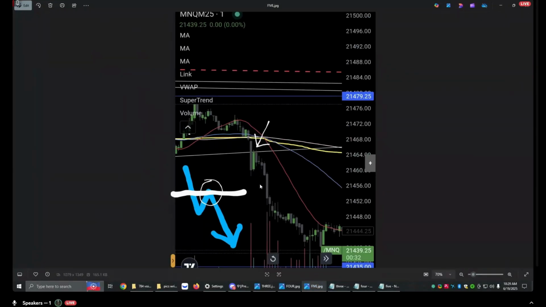Number 5. This was one that I actually did play, but I took the picture afterwards to show you guys what this looks like. This is a point of interest. This is a perfect example of what a break, retest for entry, and continuation play looks like. This was a key uptrend support level that got broken and then dropped hard afterwards.